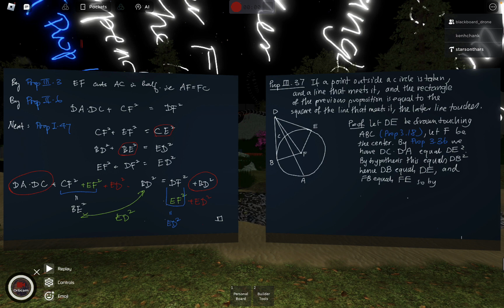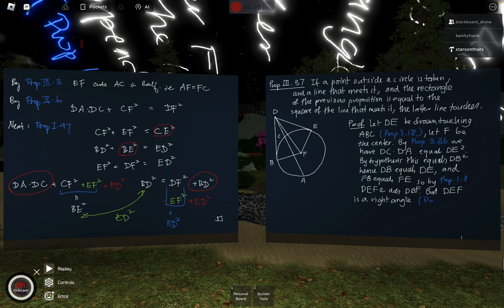So by proposition 1.8, the angles must be equal. So DEF equals DBF. But DEF is a right angle, because we know that if a line touches, then it makes a right angle with the radius, and that's if and only if. So we're done, right? Nice.